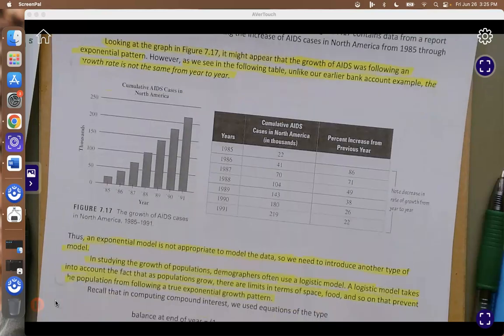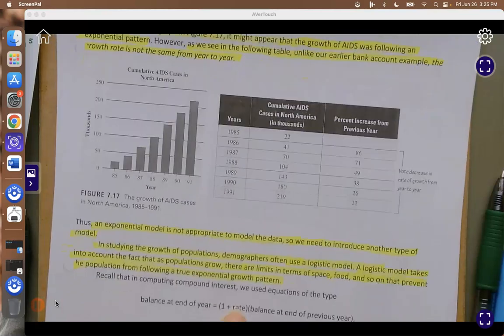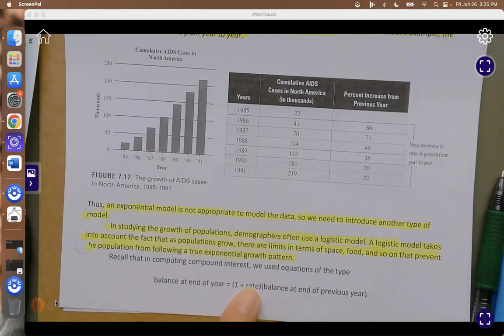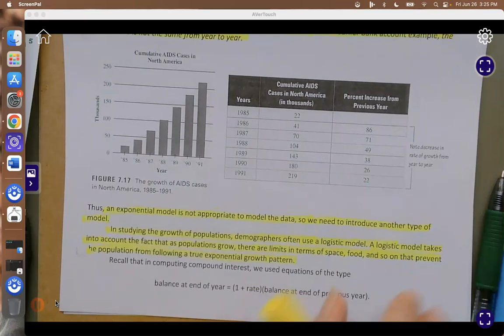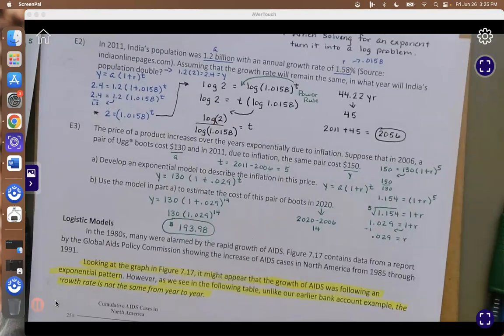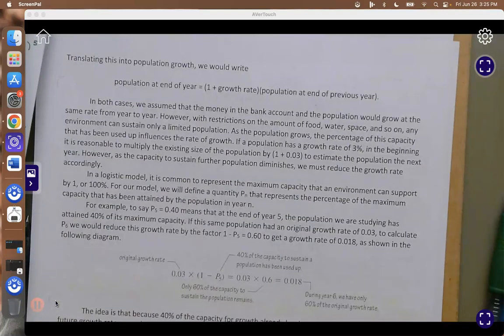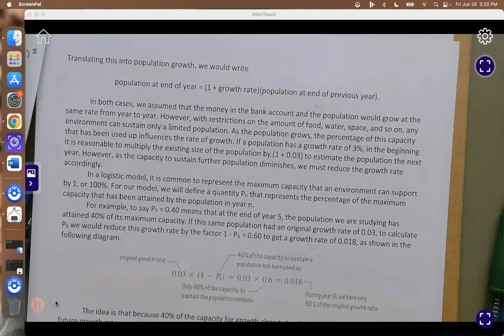So remember what we always did. We did 1 plus the rate times the original amount for exponential. We're just mainly highlighting on these pages right here.